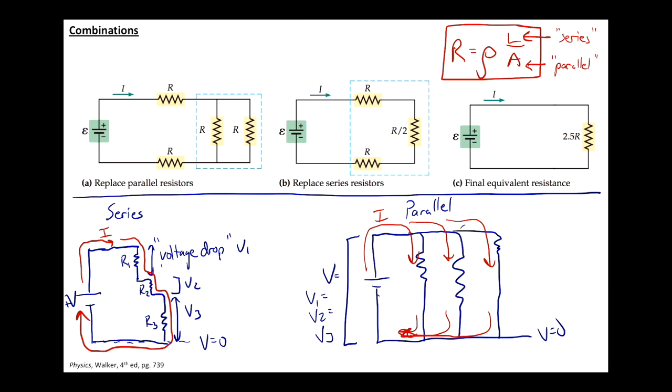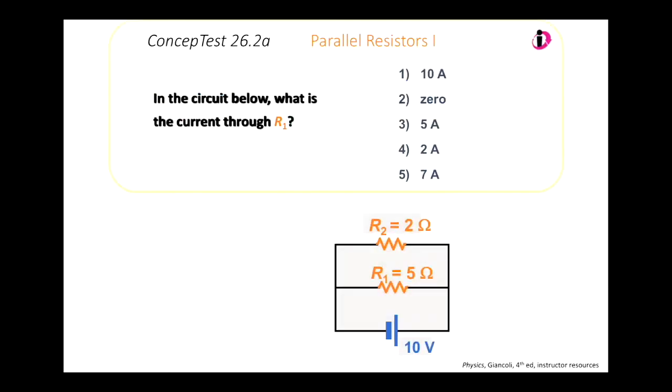Let's move along and see if we can solve a few more of these relatively simple circuits. The current through resistor 1. Please don't think too long. Got it? I hope.